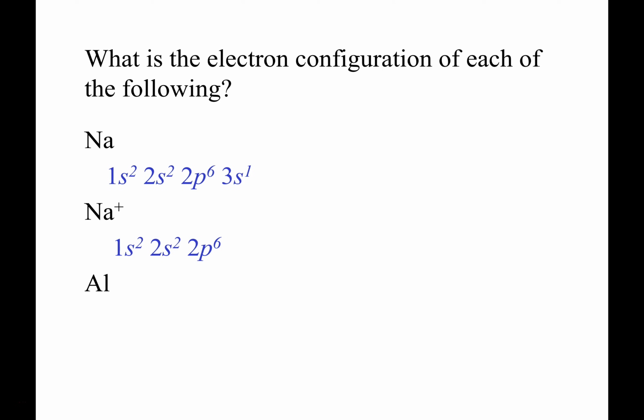So aluminum, it's 3A, so it's going to lose its 3 valence electrons. Here's what a neutral aluminum atom looks like with regards to electron configuration. Those 3 are the ones that are going to go. So if we look at aluminum +3 cation, it stops right there. Those guys are gone.